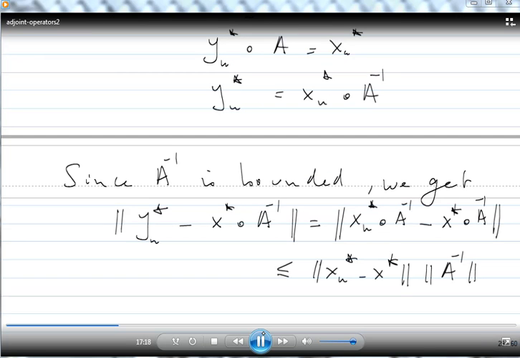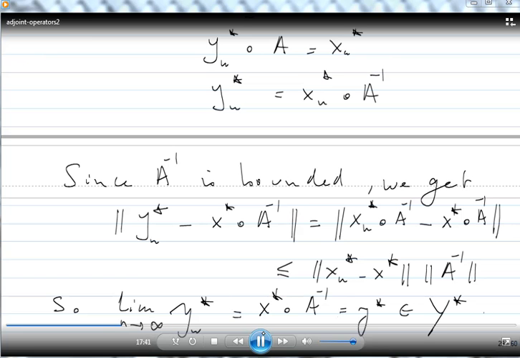Since xn star goes to x star, this implies that the limit of yn star is equal to x star composed with A inverse, which equals y star, belonging to Y star, when n goes to infinity.